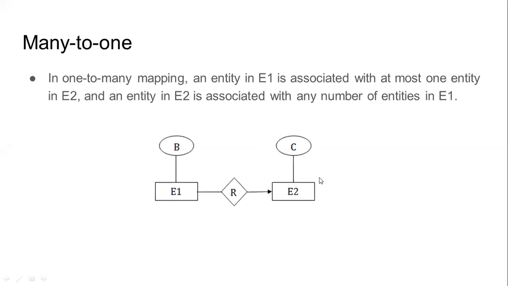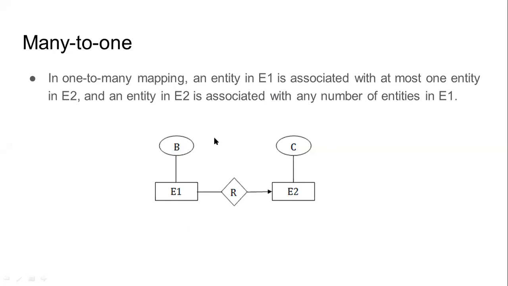Opposite to this, the third category is known as many to one. So many to one means a number of entities from E1 are associated with one entity from E2, and one entity from E2 is associated with a number of entities from E1.